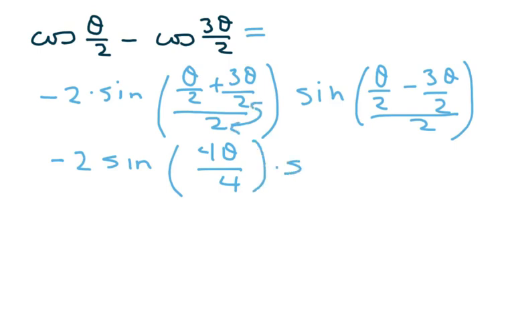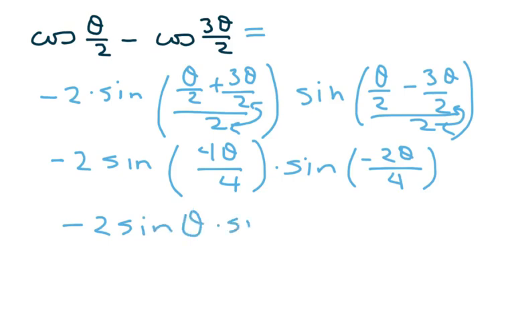Okay, times sine of negative 2 theta over, multiply those two, over 4, which yields negative 2 sine of theta times sine of negative theta over 2.